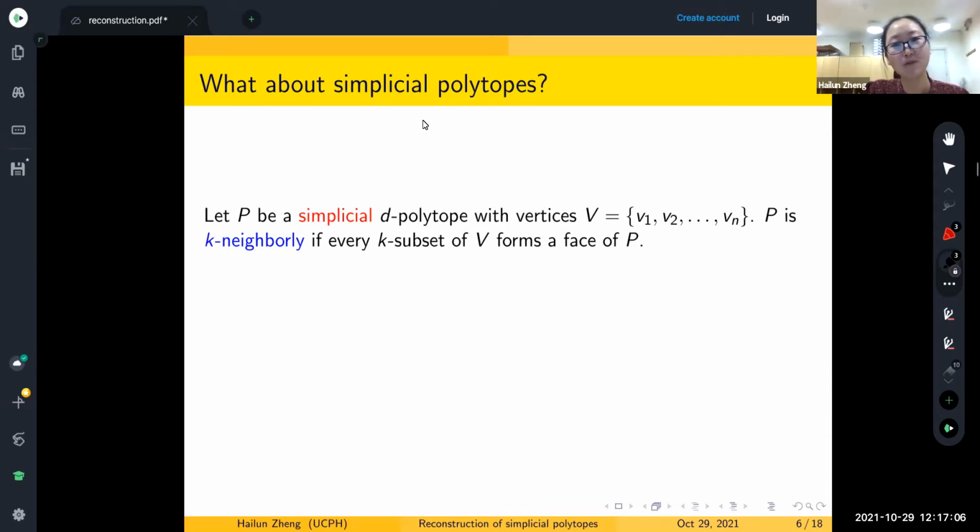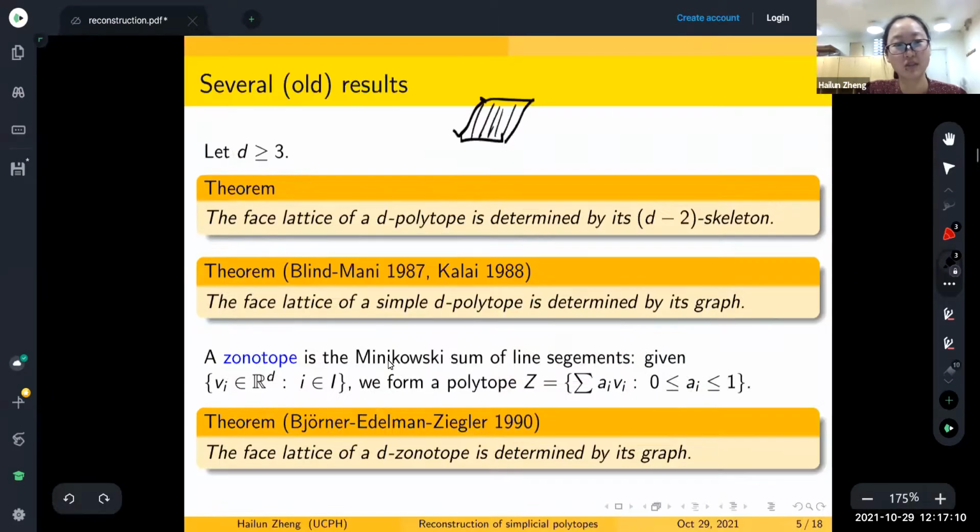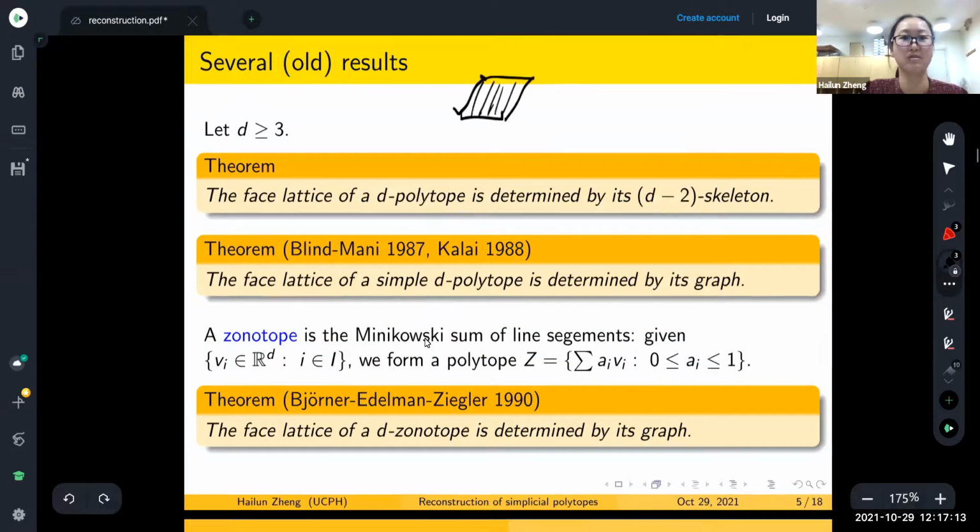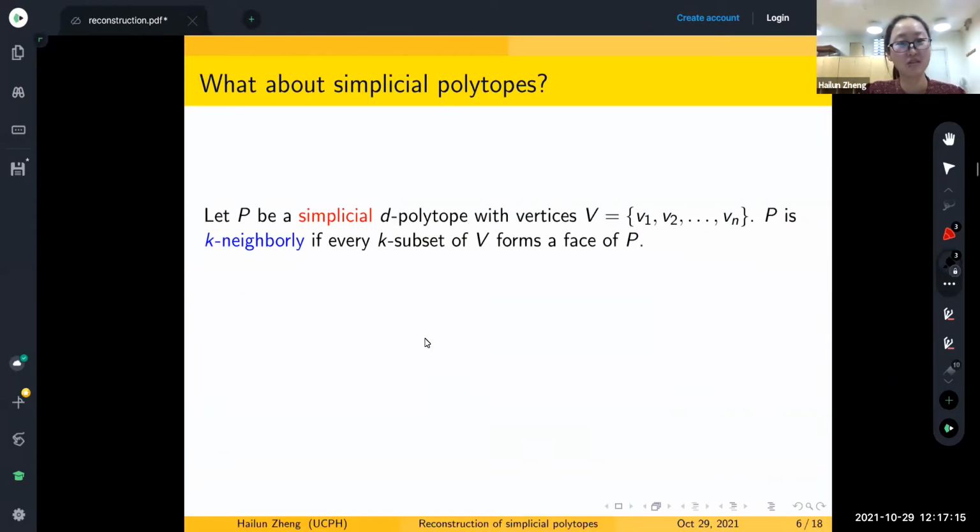Now, these two theorems do not work for simplicial polytopes. Why? I'm just going to give you a particular class of simplicial polytopes. I have a polytope, let's say P, defined on exactly n vertices. I define that P is k-neighborly if every k-subset of V forms a face of P.